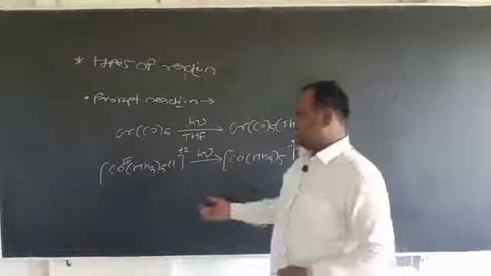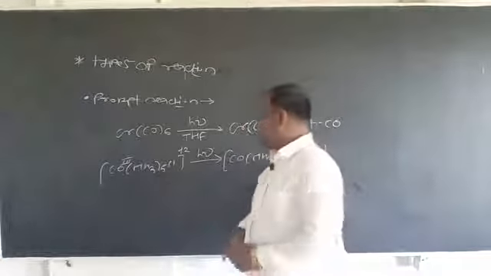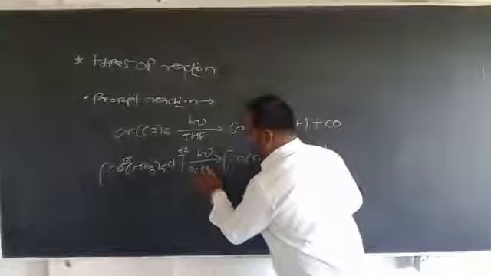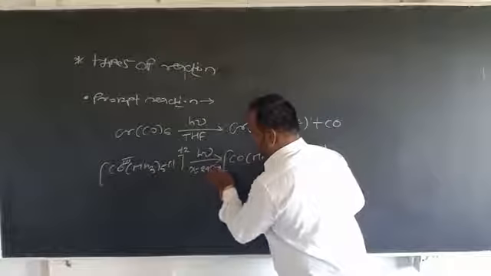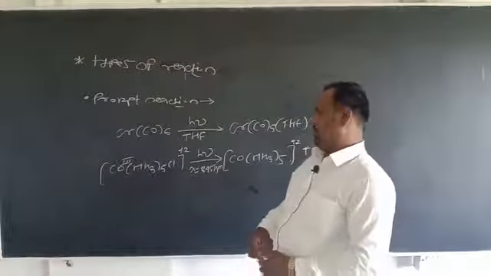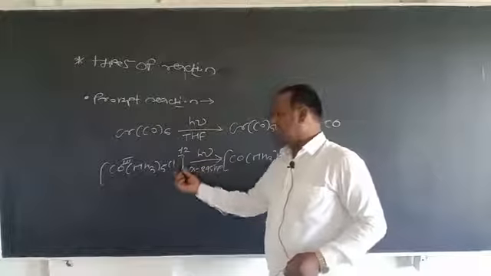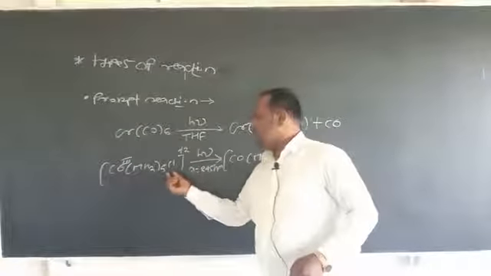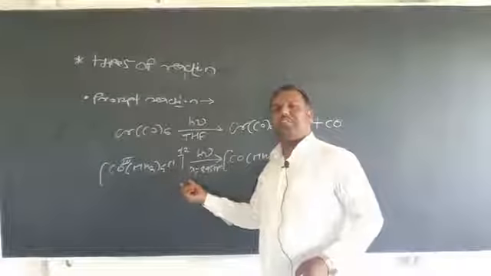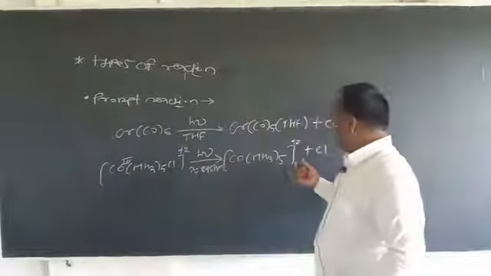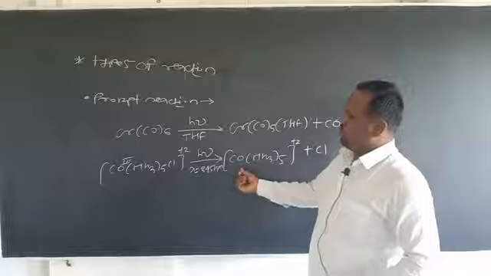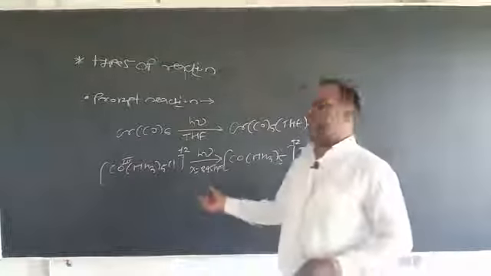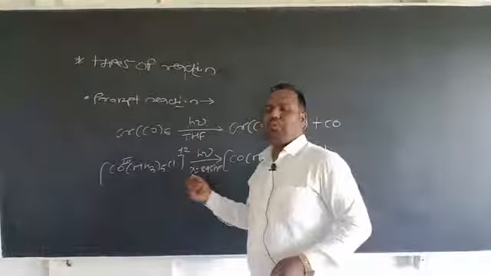So this is also a prompt reaction. The wavelength required for this reaction is λ equal to 395 nanometers. In the presence of light radiation, the Co-Cl bond, that is the metal atom and chlorine bond, is cleaved, and we get a product in which cobalt is in the +2 oxidation state, because ammonia is a neutral ligand. So this is also an example of a prompt reaction.